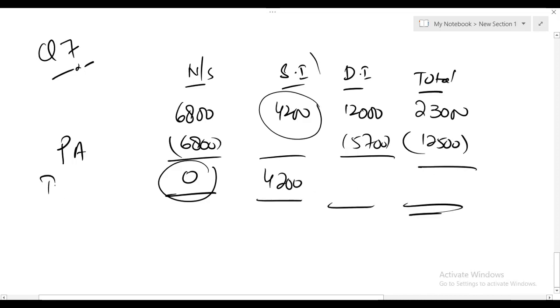So your taxable income is 6,300. Now let us calculate income tax.